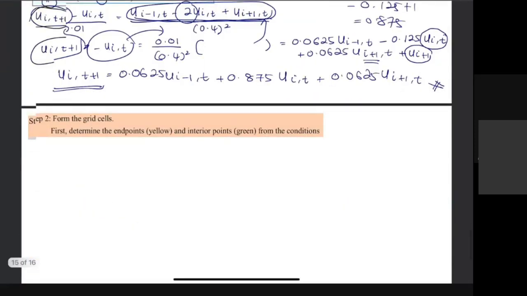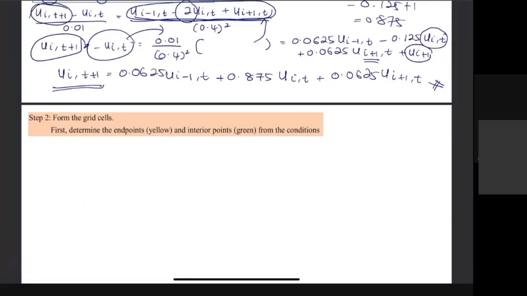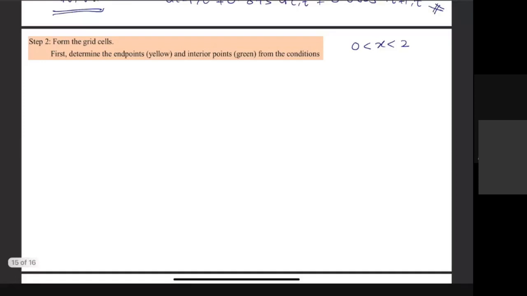Okay, we move to the second step, which is we want to form the grid cells. Okay, this is important. First, you look at the question. X is from 0 to 2. First you must determine the value of X, because we want to do the grid points.